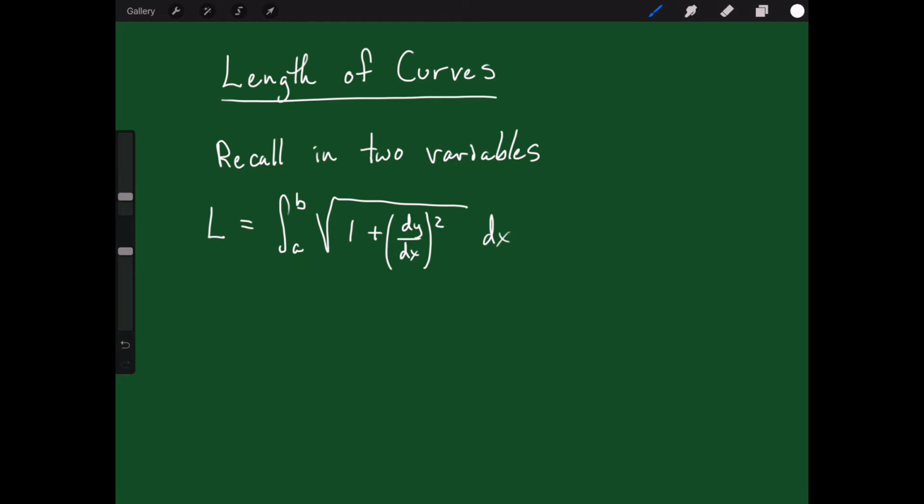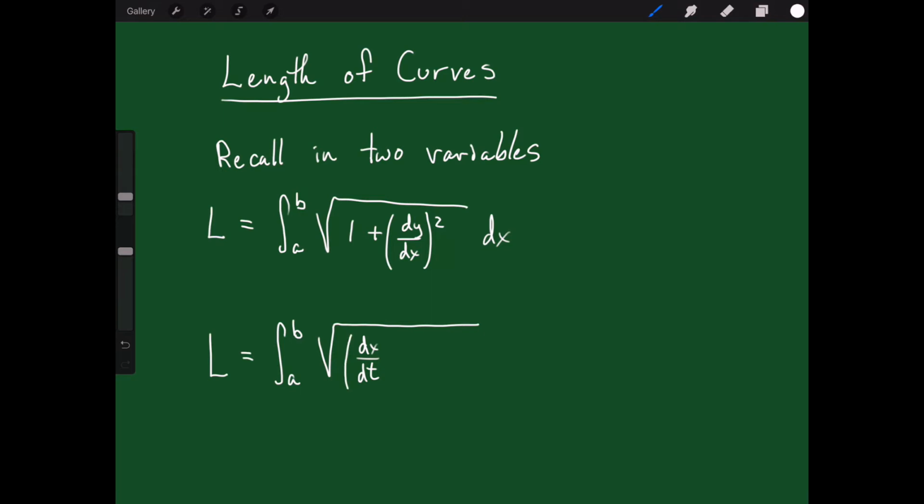But I could rewrite this if I think of x as being equal to t. Okay, so let me rewrite this formula where x is actually equal to t. So I could rewrite this as the integral from a to b of the square root of, now if x and t are the same thing, then dx over dt, well, x is t, so that's just dt over dt, which is 1.